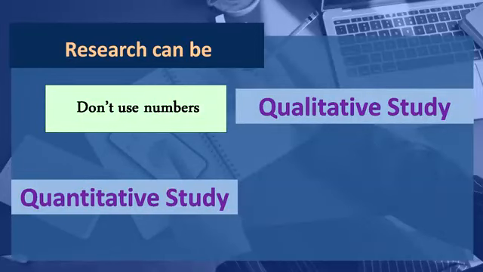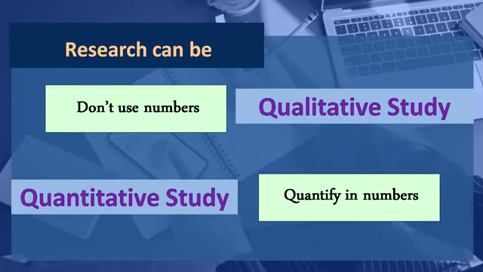It has merits and demerits, and you can't generalize the findings coming out of a qualitative study. It is specifically for one community, one group, or a few individuals. We try to understand certain contexts and scenarios in relation to communication media usage. So that is qualitative, where we never use numbers. We rely heavily on text and our own understanding and interpretation.